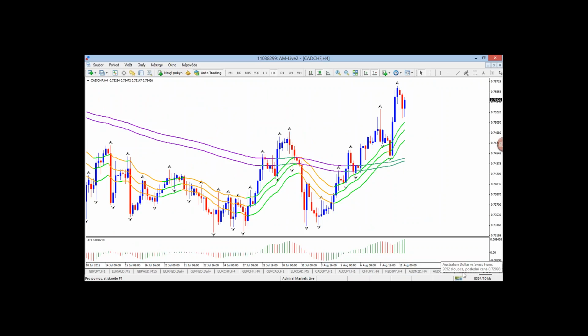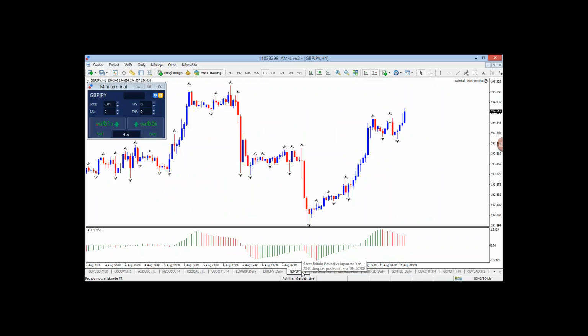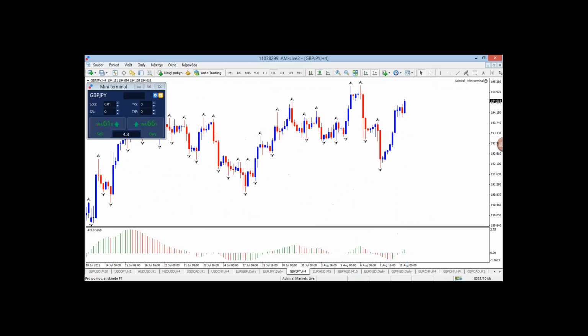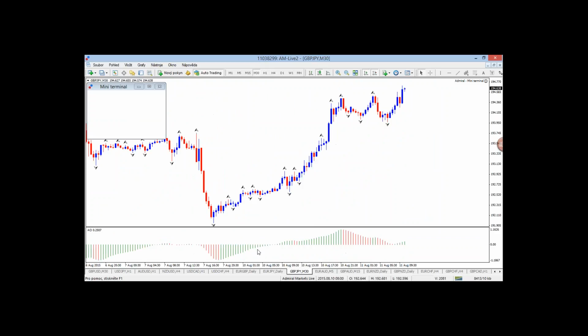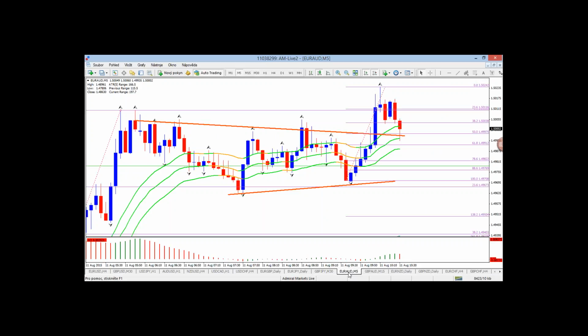We do see some CAD strength at the moment. All right, let's see how this euro odd behaves. It's at that zone now.